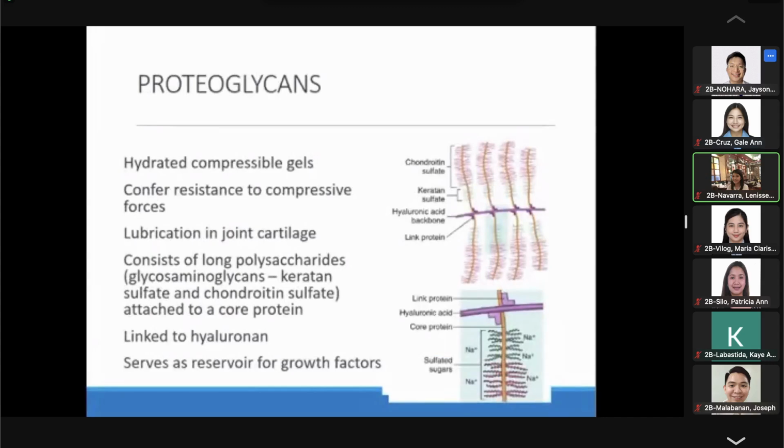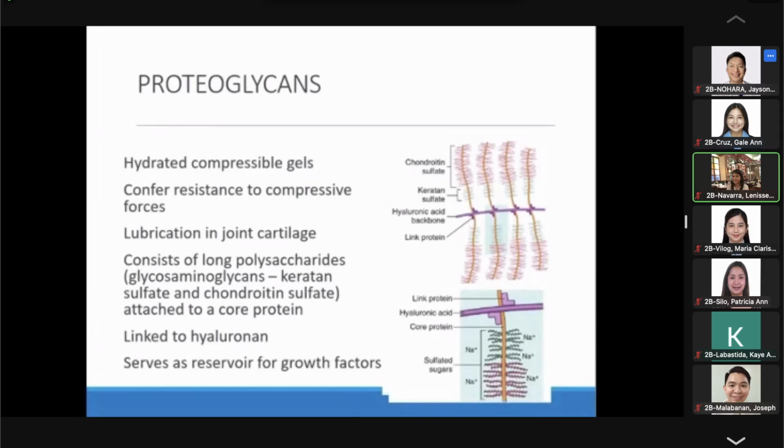Next, we have proteoglycans. They form hydrated compressible gels that confer resistance to compressive forces, and they serve as a lubrication in the joint cartilage. They consist of long polysaccharides called glycosaminoglycans, and examples of these are keratan sulfate and chondroitin sulfate, and these are attached to a core protein.